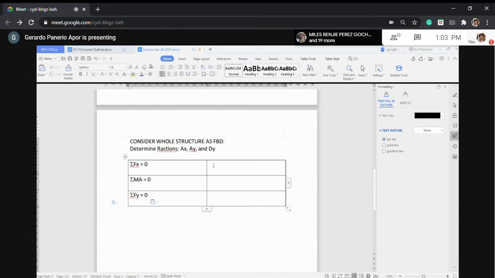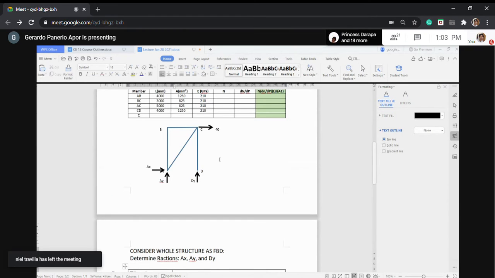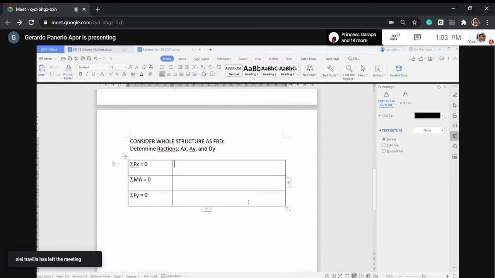So the first equation of summation of forces X is I will have AX plus 40 equals to 0. So AX equals negative 40.